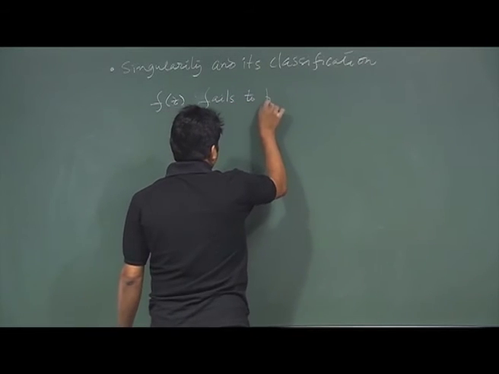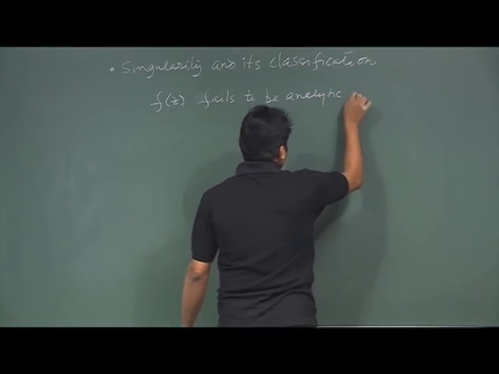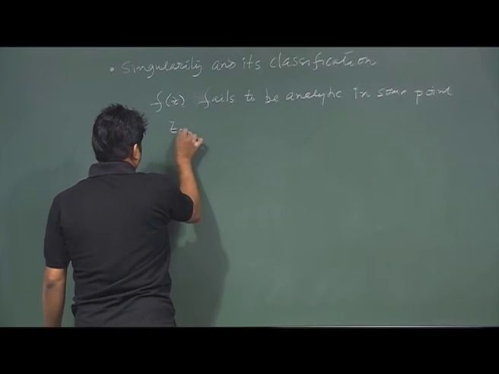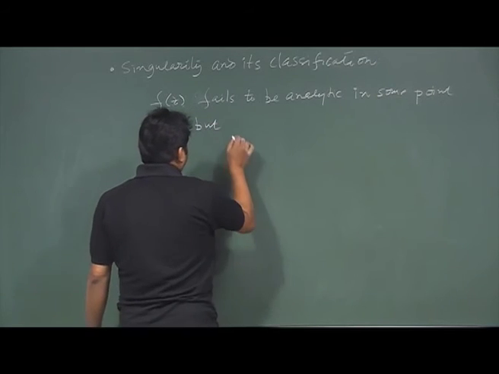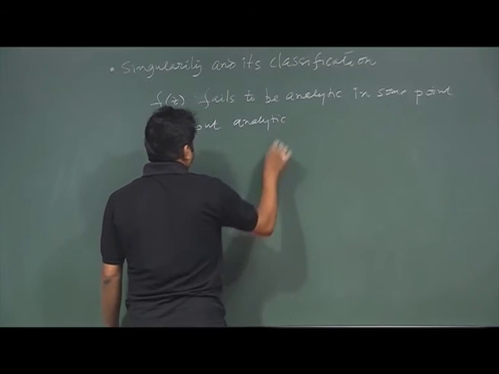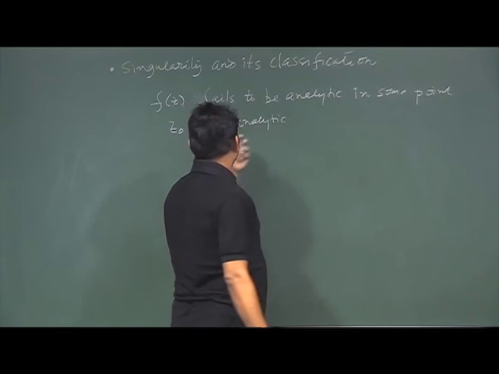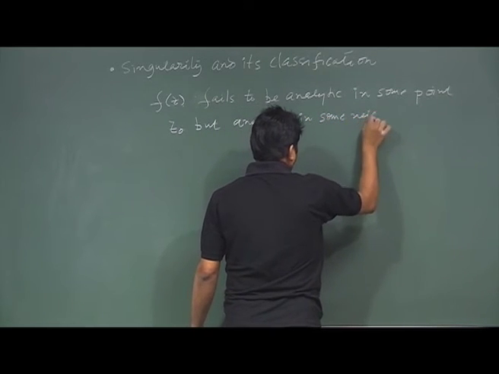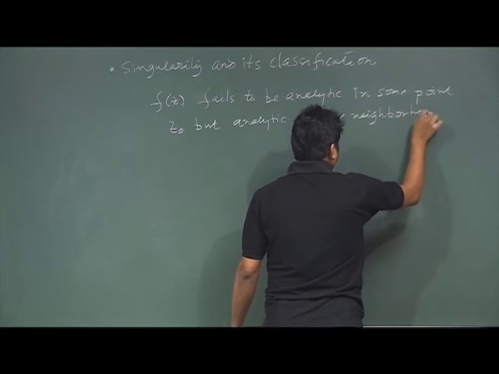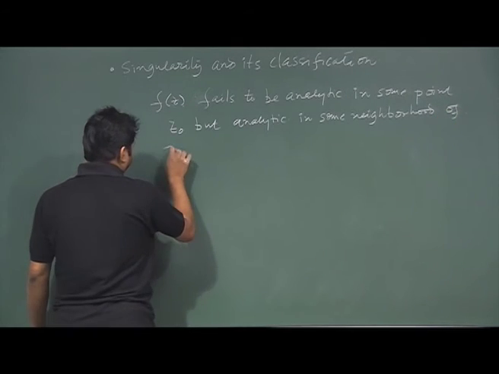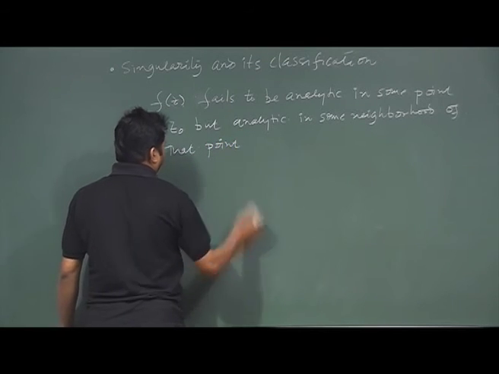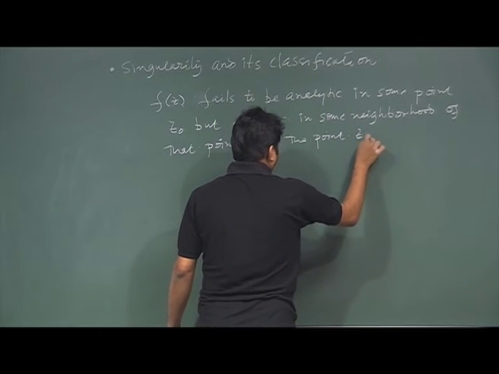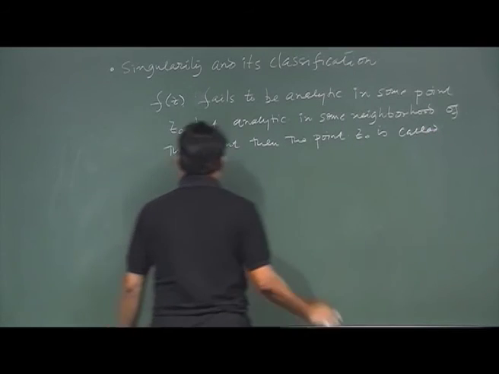So, singularity: we know that if a function f(z) fails to be analytic in some point z0, but analytic in some neighborhood of that point, then the point z0 is called the singular point.